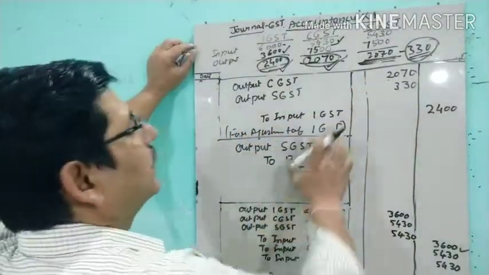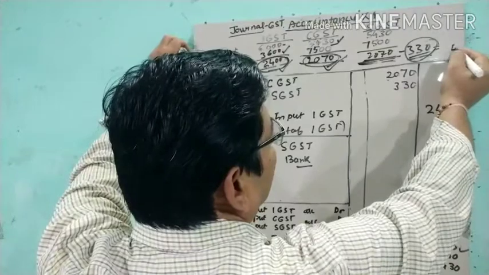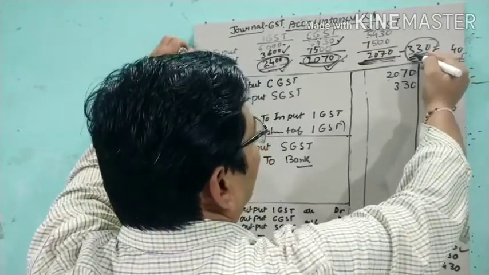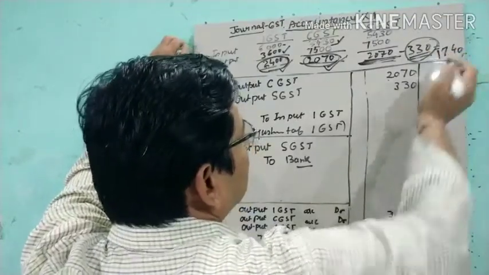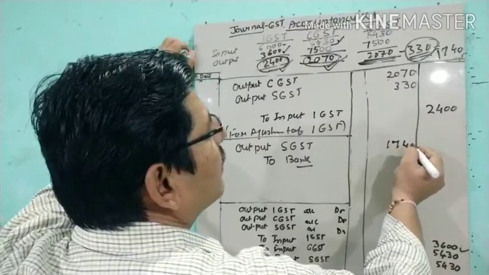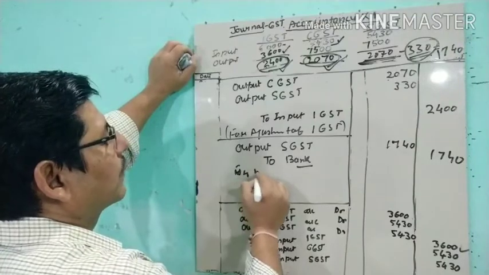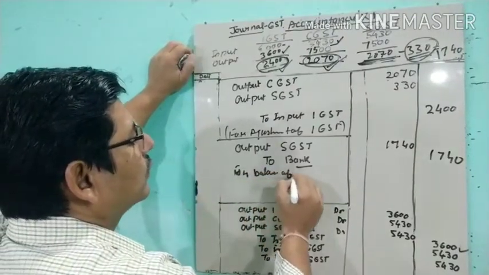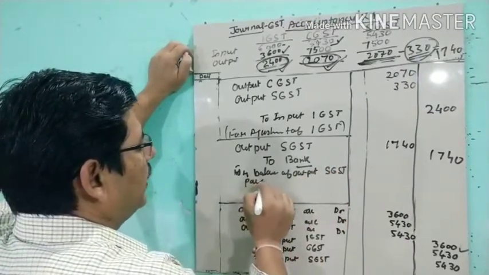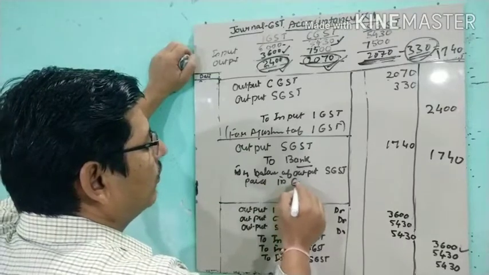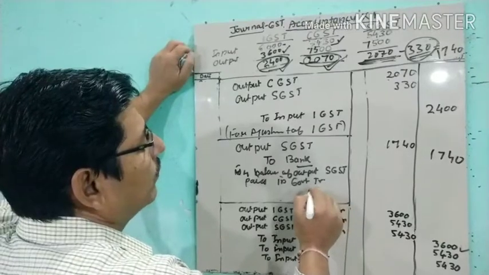Out of 2,070, if we deduct this, then it comes to 1,740. So 1,740 for the balance of output SGST is paid to the government treasury, the government GST account.